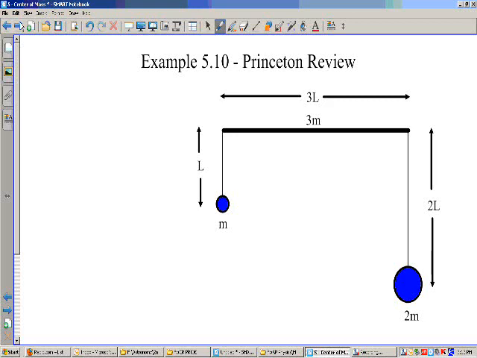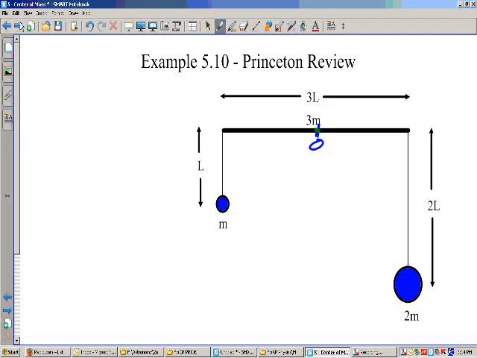Just like the other day, I'm going to pick it right in the middle of my bar. When we have a bar like this, we can assume all its mass is concentrated right in the middle of the bar. So when I do my center of mass calculation, I'm going to treat it like all the mass is right here at the green dot for that bar.